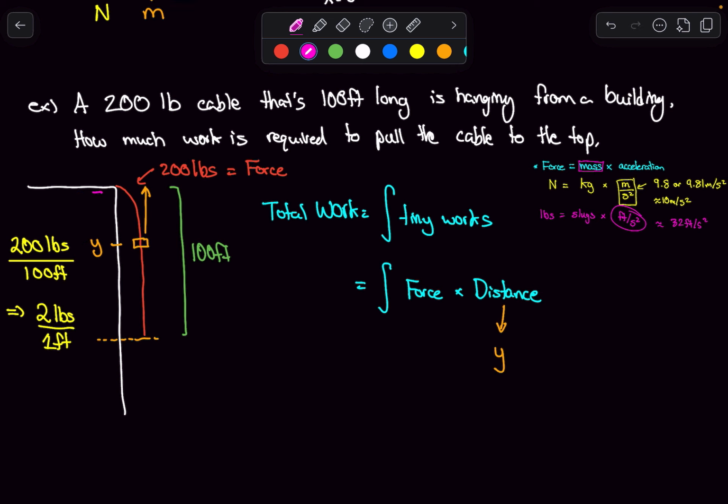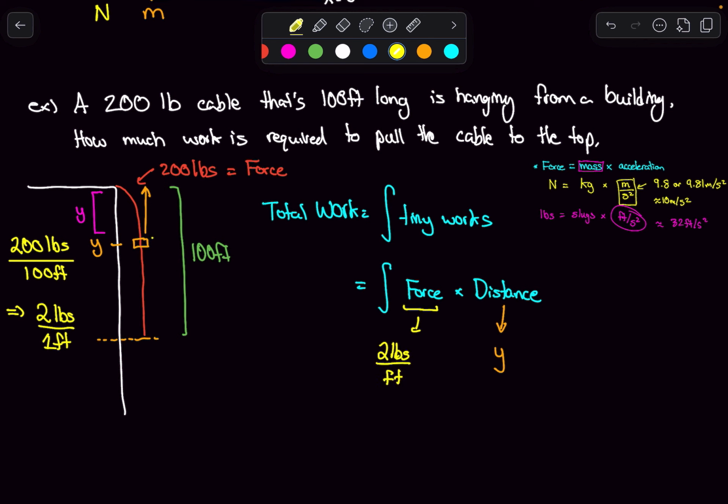And I'm going to say that this distance here that I have to go is what I mean when I say that's at y. So the distance that I have to lift this little chunk of the cable is y. But the force being exerted on it? We know there's a ratio of 2 pounds per foot.